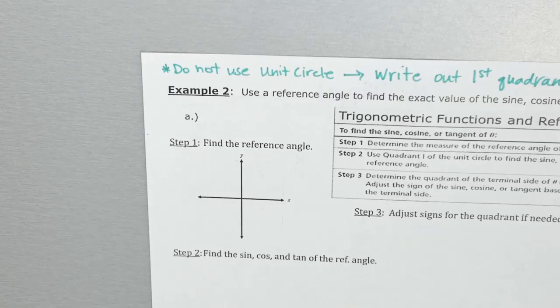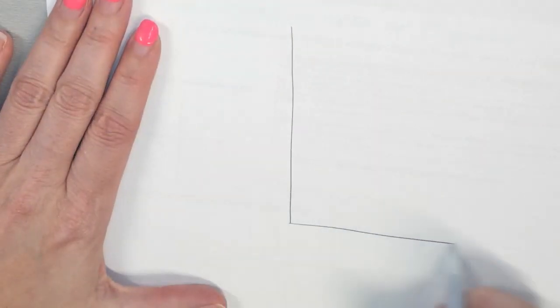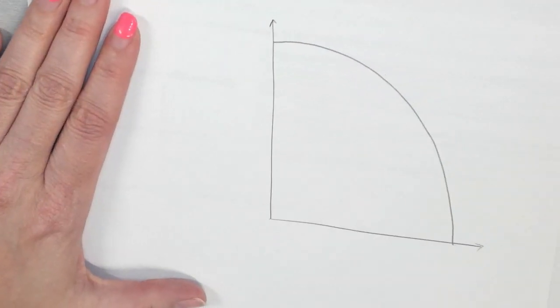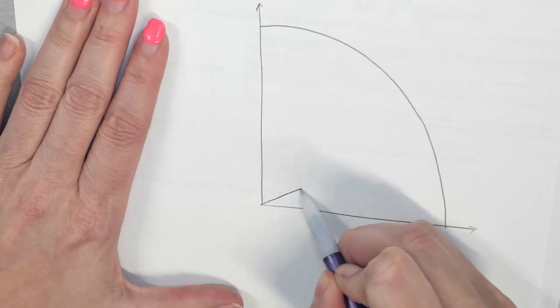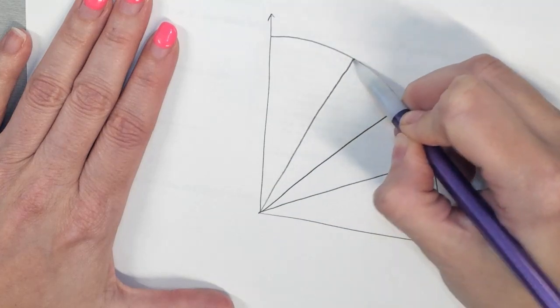I'm going to draw out quadrant 1 for you, and it doesn't have to be perfect. On your piece of paper, we're just going to make the first quadrant. It's okay if it's not perfect. Then we're going to draw a 30-degree, 45-degree, 60-degree.